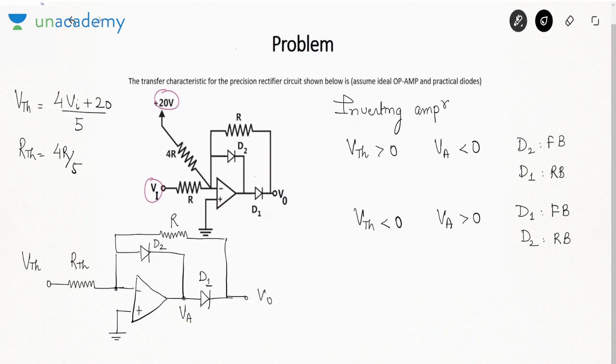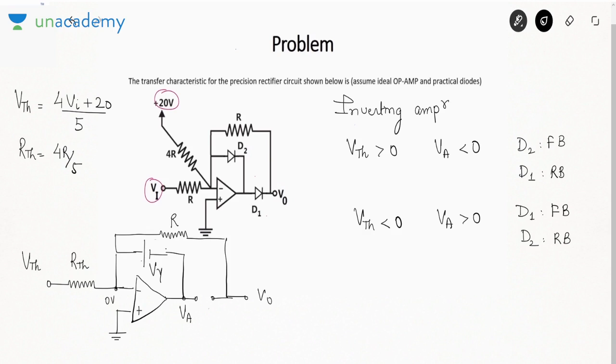Now let us take the first case when D2 is forward biased. If D2 is forward biased, what will happen? We will replace D2 by V gamma because it is a practical diode, and D1 will be open. If it is V gamma, I can apply virtual ground.